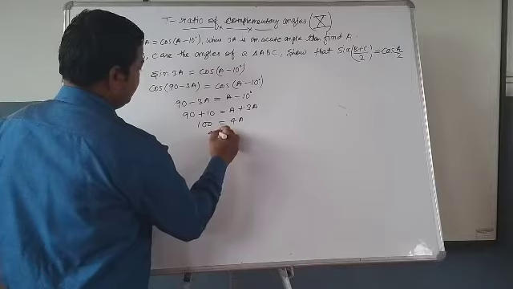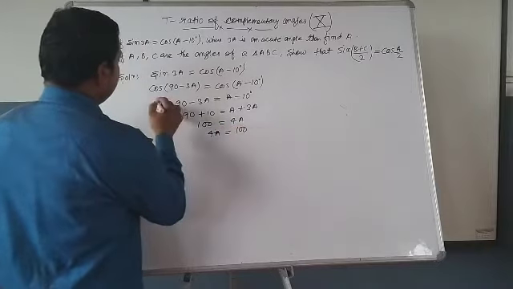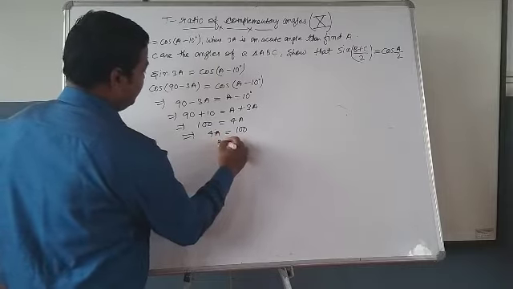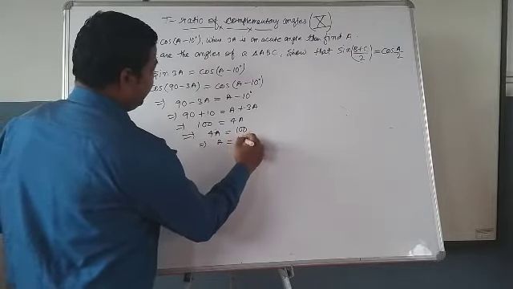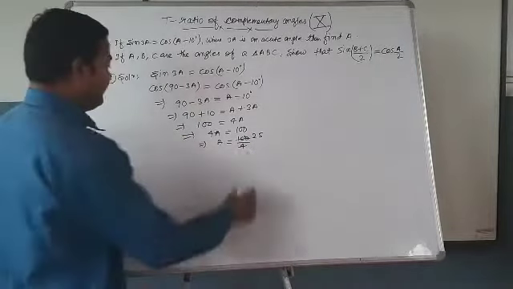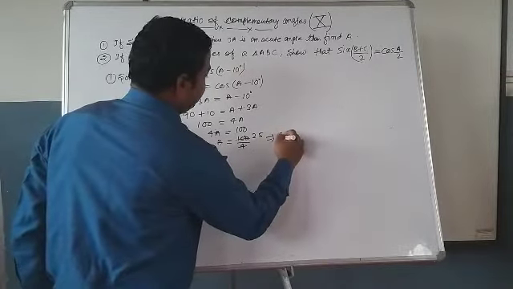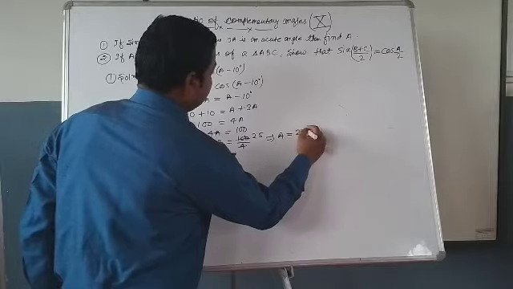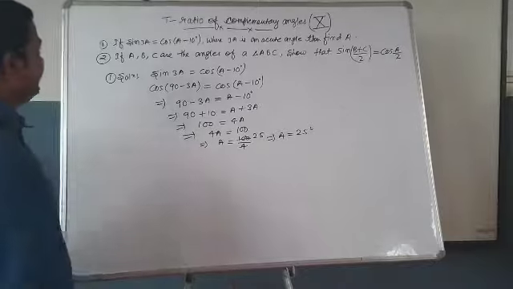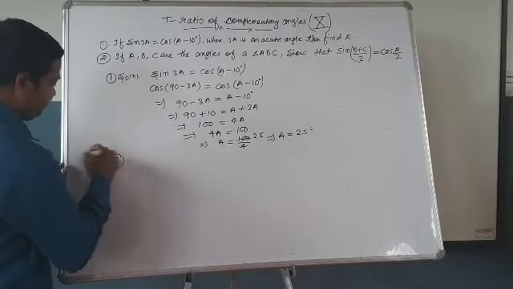It means 4a equals 100, then a equals 100 by 4, which is 25. This implies the value of a is 25 degrees.